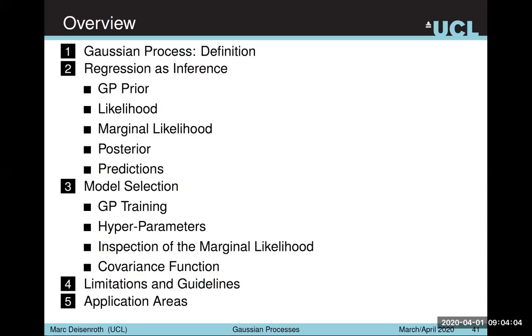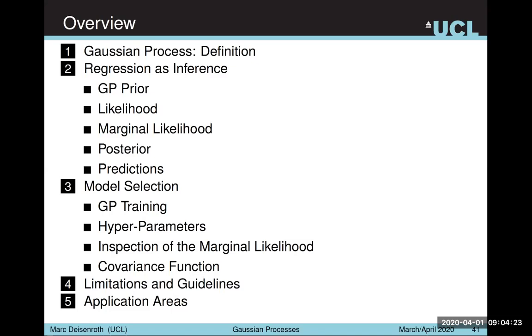These are the parameters of the covariance function or the kernel. And there were also questions already yesterday along the lines of, how do we actually set the length scale to the right value? And that is exactly what we're going to look at today.